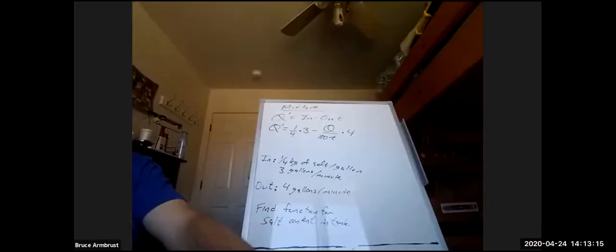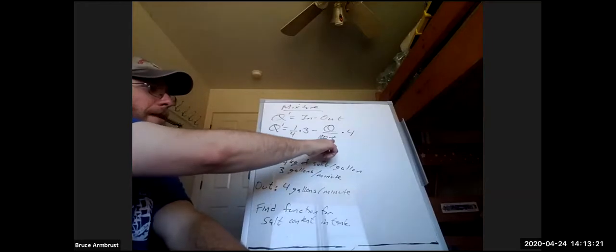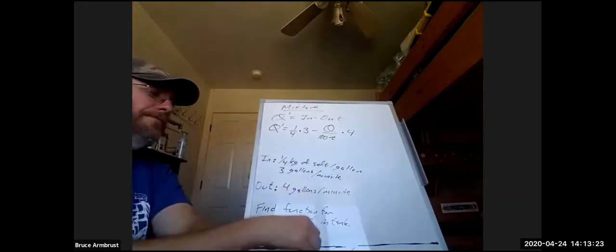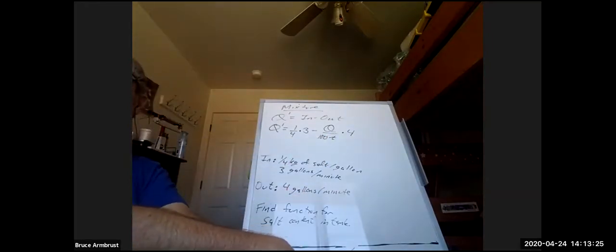And that would be exactly what it is. It's going to be 100 minus T, because every minute we're losing 1 gallon. So that's why we're going to subtract T. If it was every minute we lose 2 gallons, that'd be 100 minus 2T. If it was every minute we added 3 gallons, it would be 100 plus 3T, and so on.